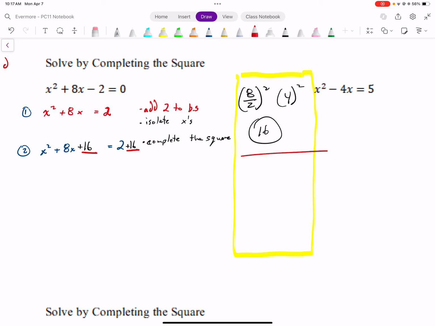And in general, to complete the square, we take the b coefficient, divide by 2, then square.